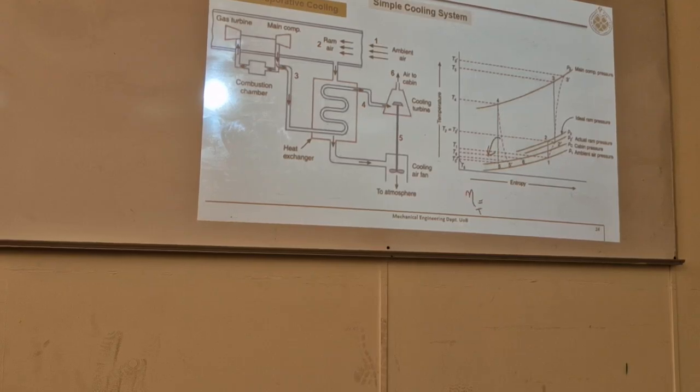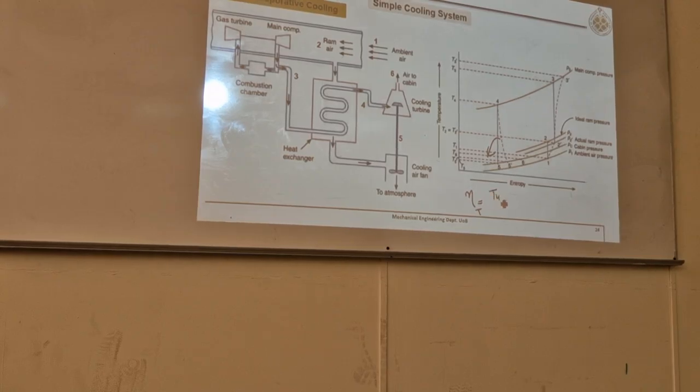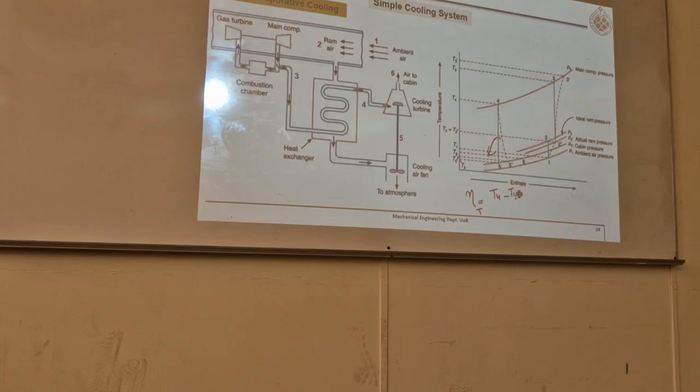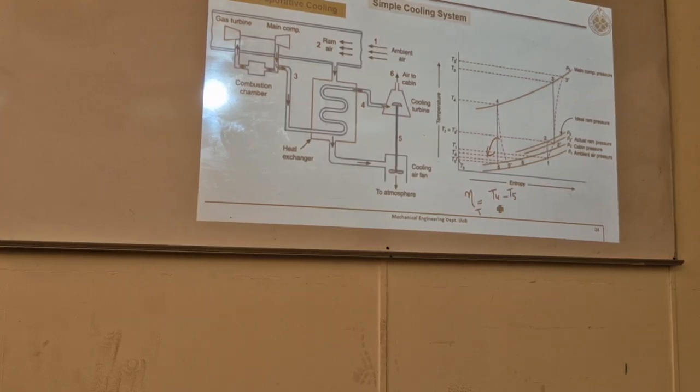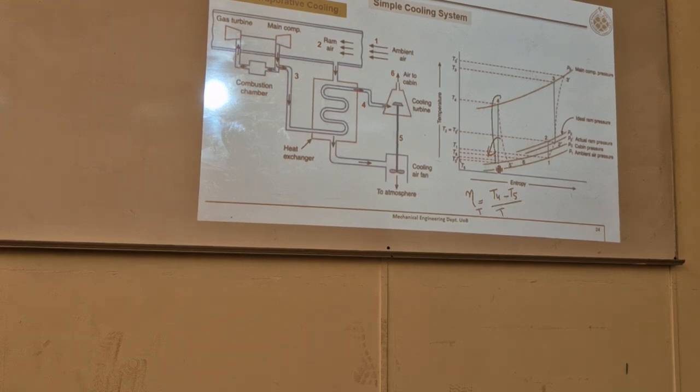For turbine, it was actual over isentropic. Actual is T4 minus T5, or H. MCP is cancelled now, that's why. T4 minus T5 over, here is the turbine, T4 minus T5 dash.